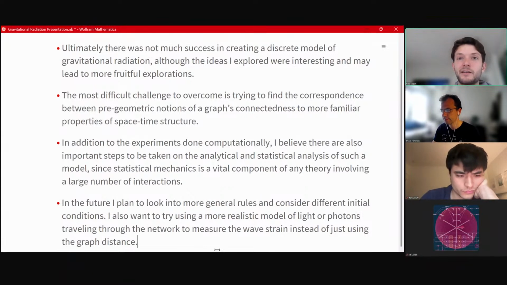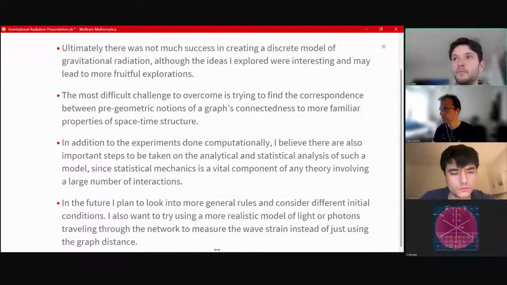And so that got me thinking about using the form of Einstein's field equations, how they relate the metric to the mass and energy within a certain region of space. Using that to maybe find a rule that corresponds to the metric a little bit more closely.